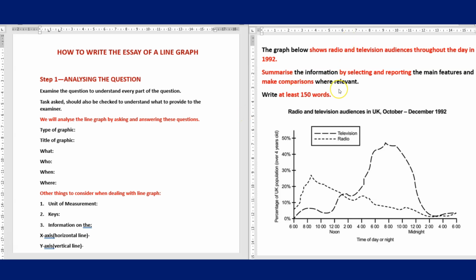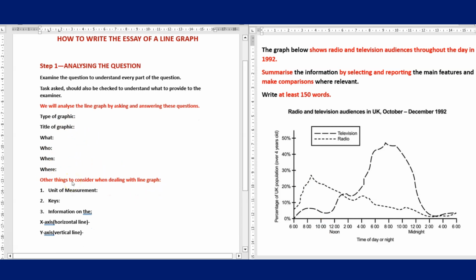So we can see that this is actually about the audience in the UK and the percentage of the population that actually watch the television and also listen to the radio in the UK from October to December, every single day. Okay, from October to December, from 6 to 6. Right, so we have an idea. You can see that because you have been able to go through these steps, it gives you more insight on the question. So I would urge that you follow these kinds of steps to help you.